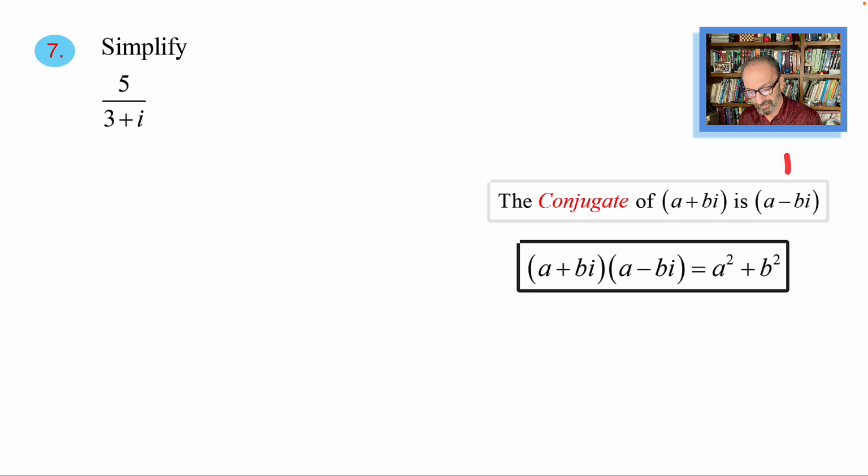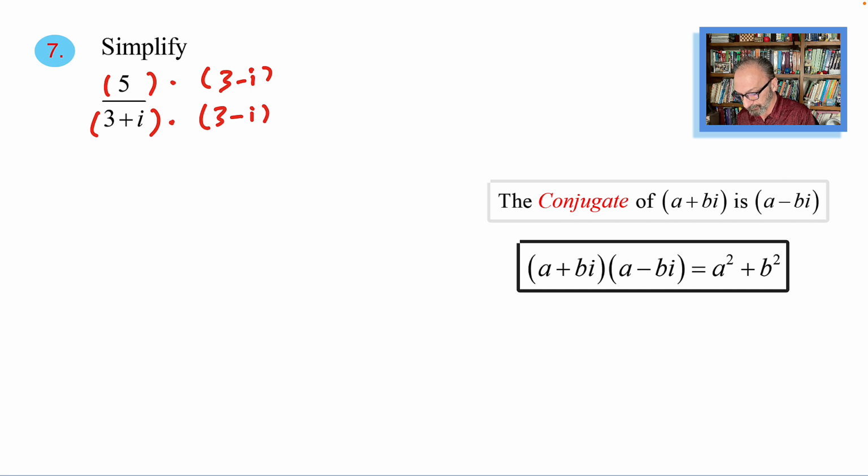If you multiply and take your time using the distributive property, or the box method, or the FOIL method, you end up with a squared plus b squared, which is pure. It doesn't have any i's. So we will multiply the top side and the bottom side by the conjugate of the denominator, which is 3 minus i.